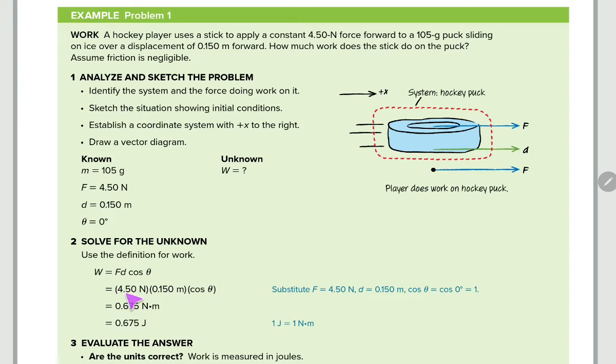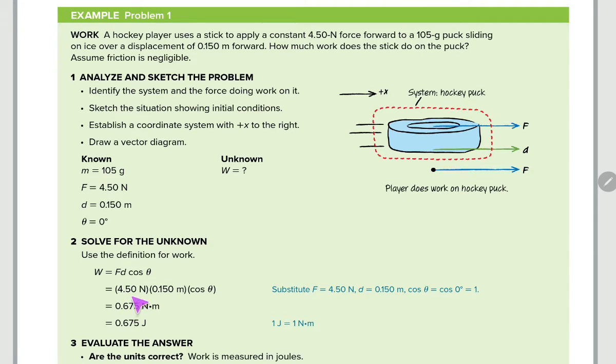F, we have it in the question, equal to 4.50 Newton, and the displacement d is 0.150, multiplied by cosine theta. Theta is 0, so cosine 0 is equal to 1.